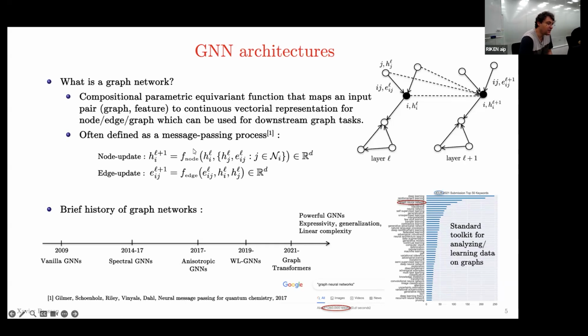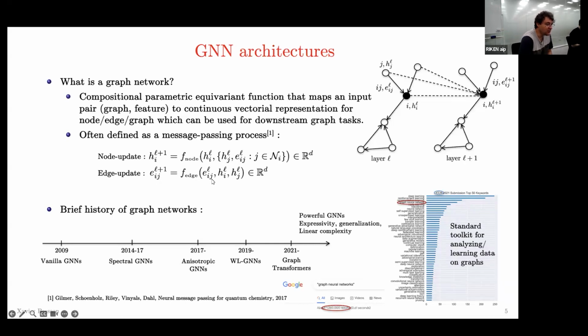So basically, people also call that a message passing process. If you want to update the vector representation of the node at layer L to the next layer L+1, you're going to use information of the neighboring nodes and also edges. And this way you will be able to update the node vector.